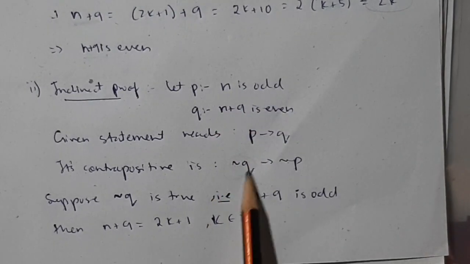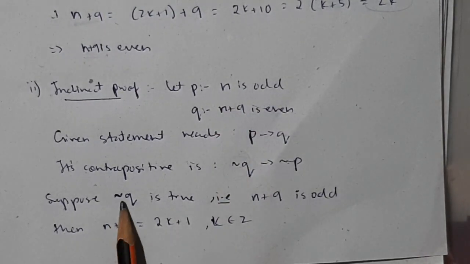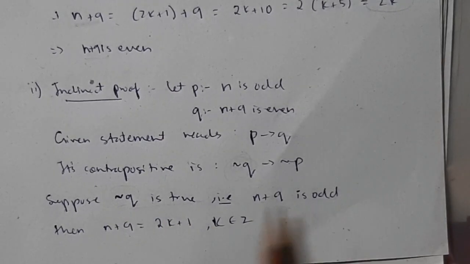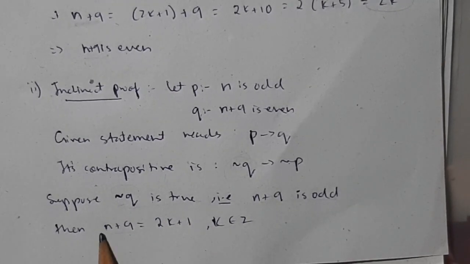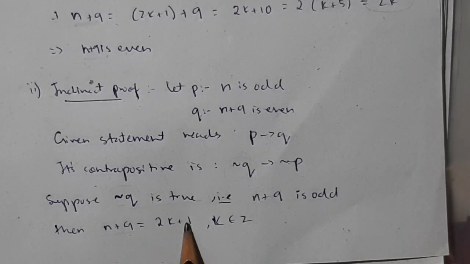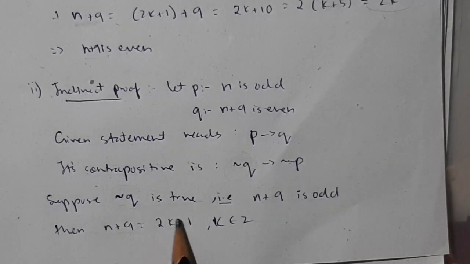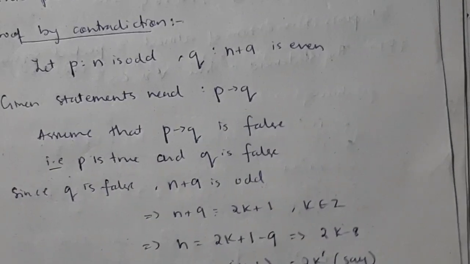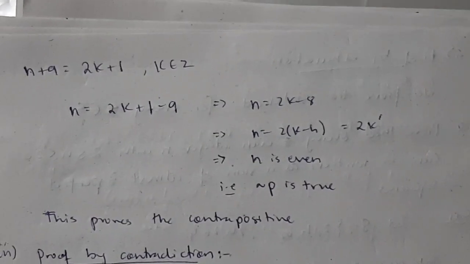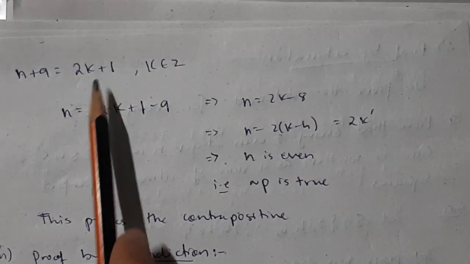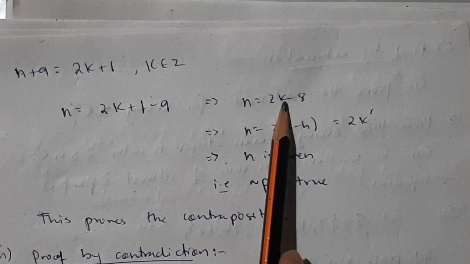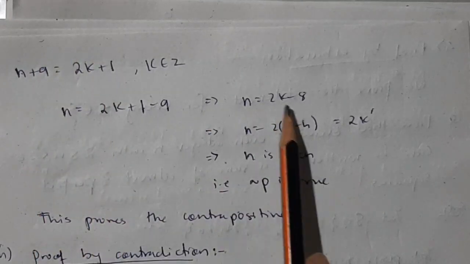So we will consider n plus 9 as odd, that is, not q is true. Then n plus 9 can be represented as 2k plus 1 because it is odd. If n plus 9 is 2k plus 1, then n is 2k minus 8, by shifting this 9 across.